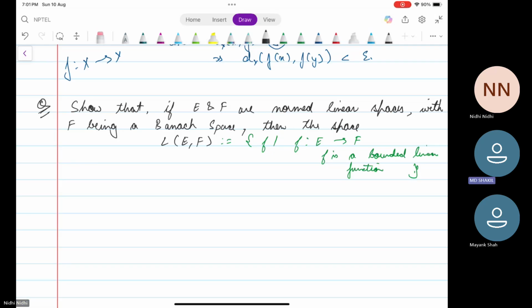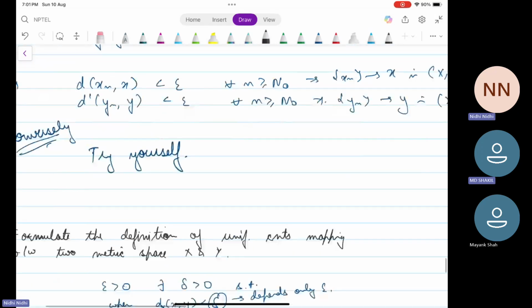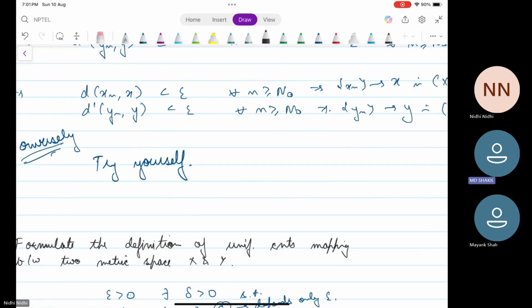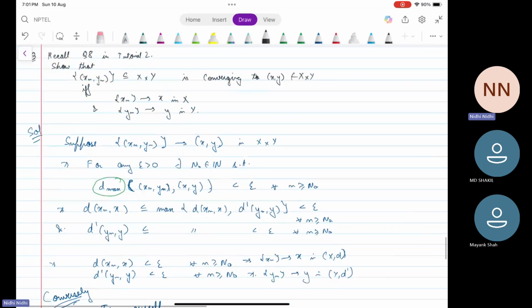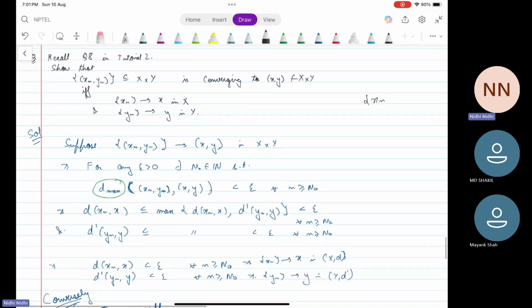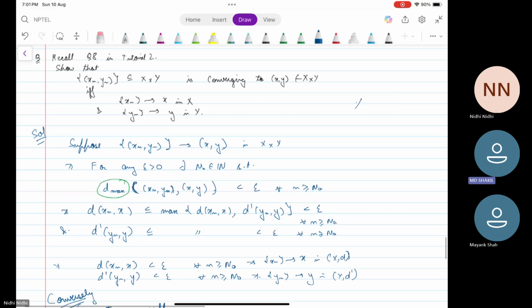Ma'am, in the above question where you are asking that when we take the Euclidean metric or other metric, the converse proof part, that for the Euclidean metric without using the strong equivalence. So you have shown that if x n converges to x with respect to the Euclidean metric, on x cross y you were taking the metric to be dE.